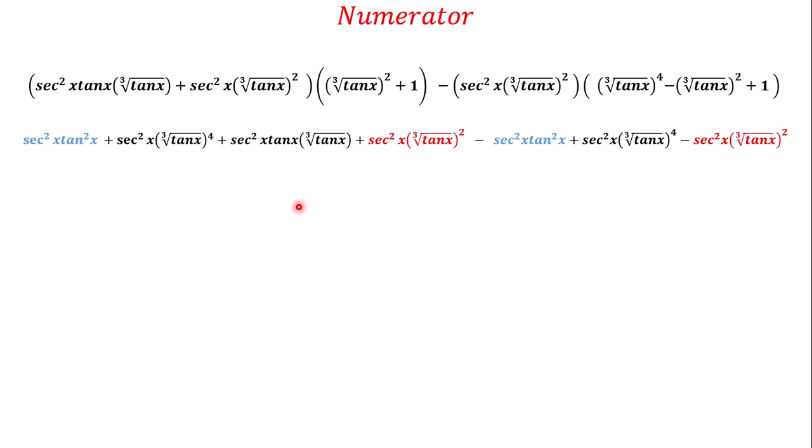I did that so that you know that this and this are the same, so it will be either added or subtracted. Okay, good. Now let's look at this one. What is here is the same thing as what is here. That is why they are in the same color. Okay, so this and then this will cancel out, because this is positive and then this one is what? Negative.